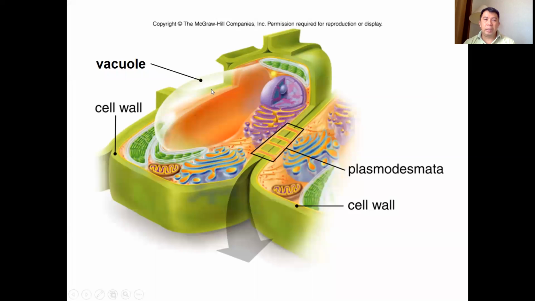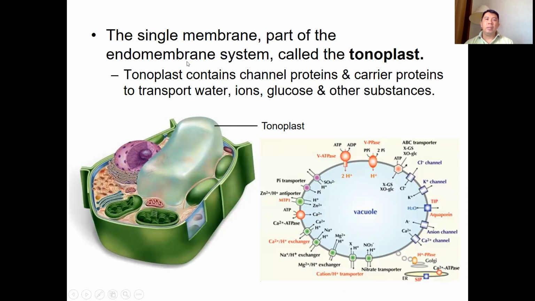From here you can see this is a plant cell, and inside it is an organelle known as the vacuole. The membrane that bounds this vacuole is called the tonoplast, the single membrane part of the endomembrane system.